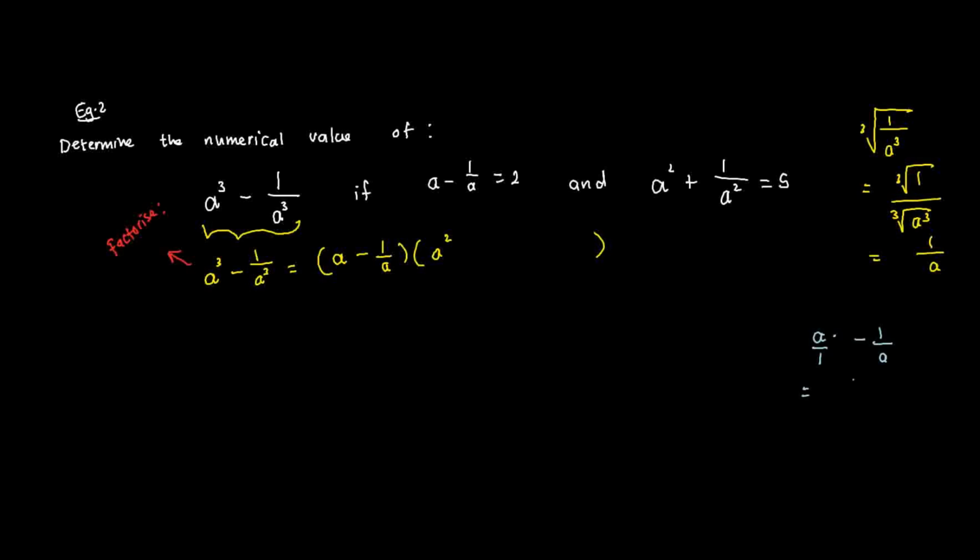Top at the top, bottom at the bottom. So it's going to be negative a over a. The a's divide off. I'm left with negative 1. And we need to change the sign, so it's going to be plus 1. And lastly, let's square the last term here. Negative 1 over a all squared is positive 1 over a squared.